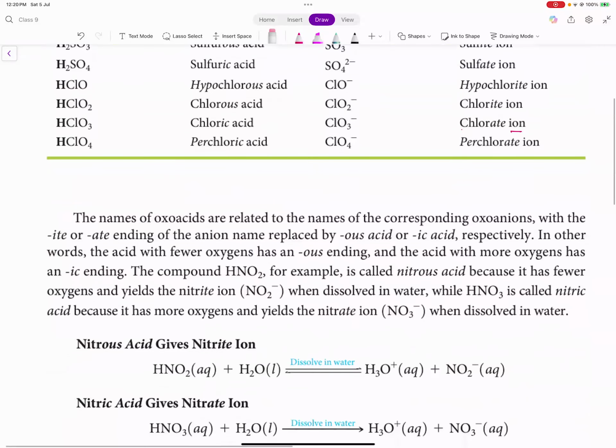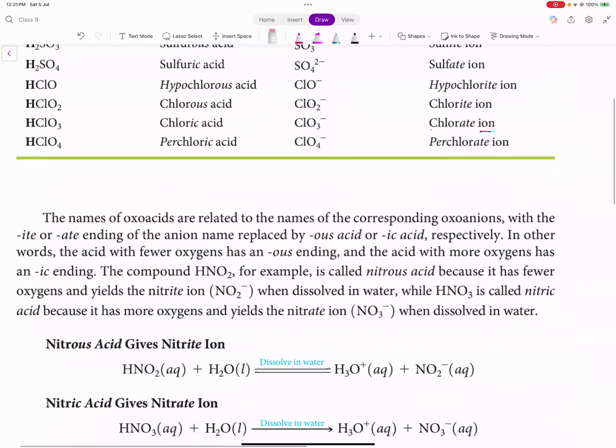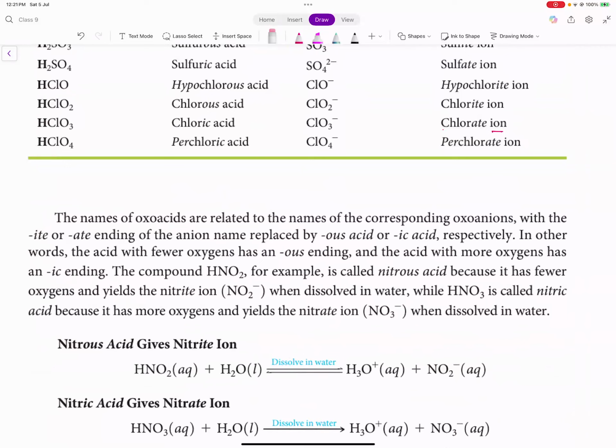Again, the names of oxo acids are related to the names of the corresponding oxo ions. This we just discussed. Ite or ate depending on whether it is an ous acid or an ic acid. Ic acid will be ate and ous acid is ite.